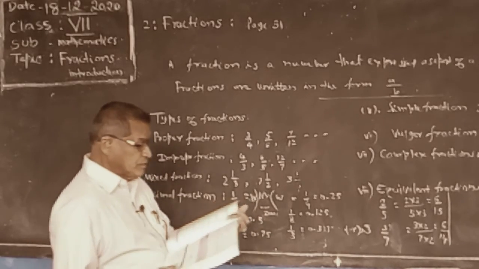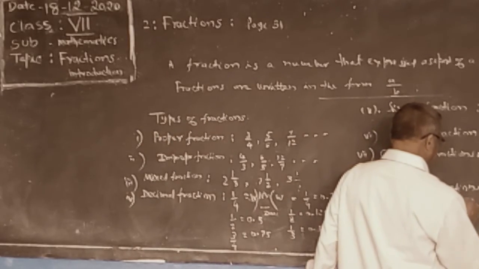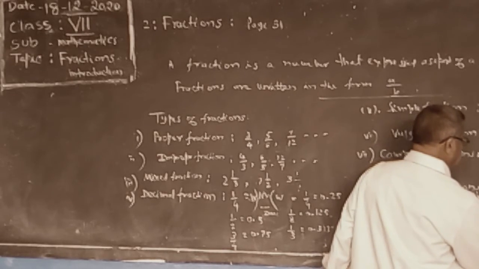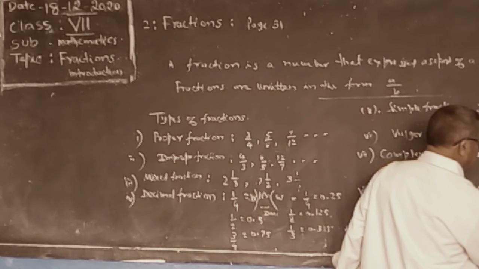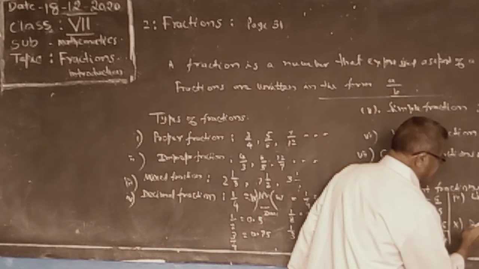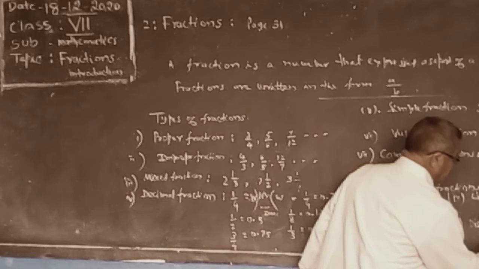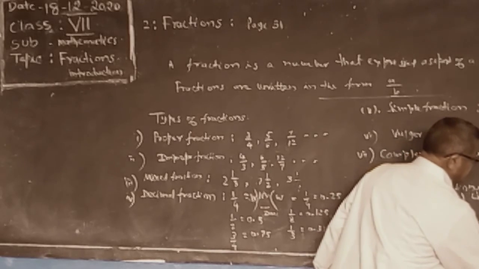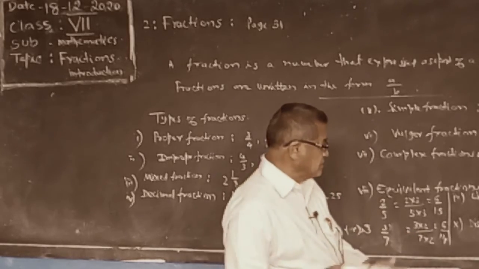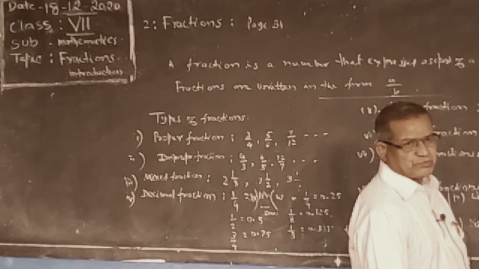Eighth and ninth, like fractions and unlike fractions. Like fractions are the fractions which have the same denominator.